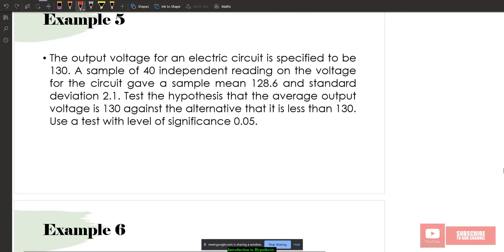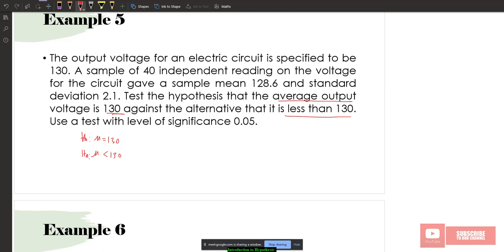For example number 5, what are the null and alternative hypotheses? If we look here, test the hypothesis that average output is 130. So the null hypothesis is mean equal to 130. The alternative hypothesis is mean less than 130.